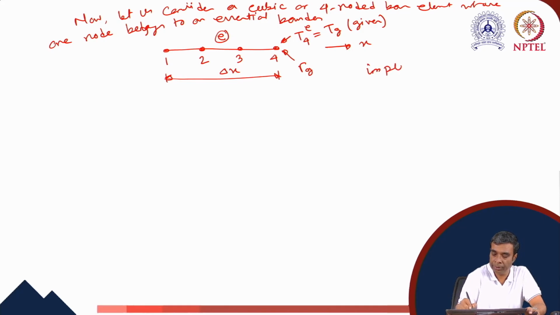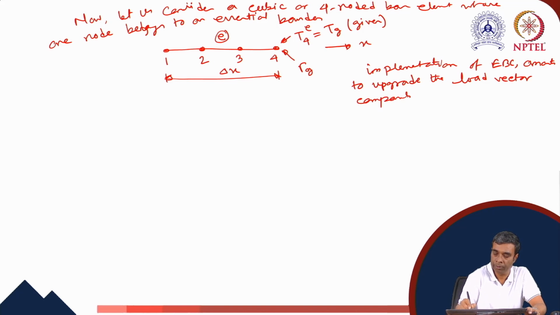Implementation of EBC amounts to upgrade the load vector components at local nodes 1, 2 and 3.